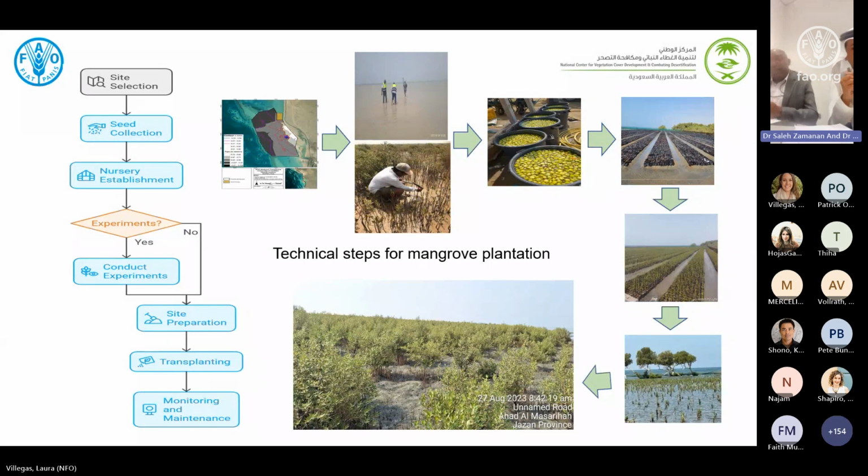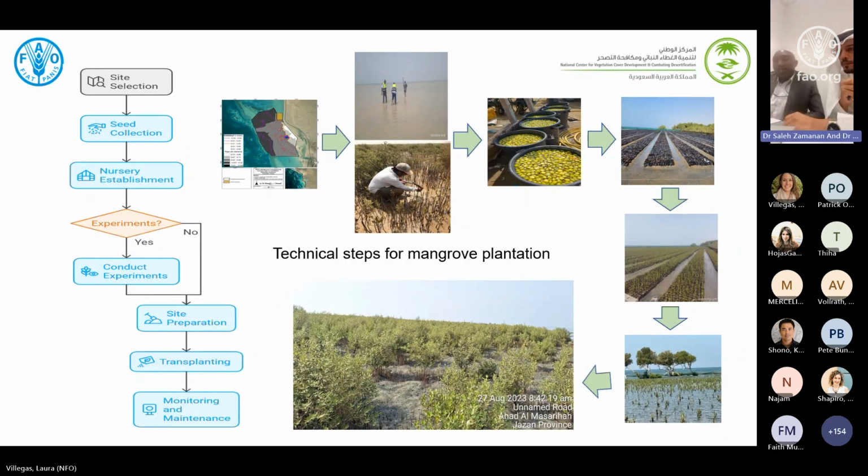We have some potential areas on the Red Sea because salinity is fine, but we have some limitations of elevation. So we first make small-scale experiments to ensure that the site is potential, then we go for the plantation, because for each project we have a capacity of 1 million to 2 million planted trees. So we do experiments at first before going to the large scale.